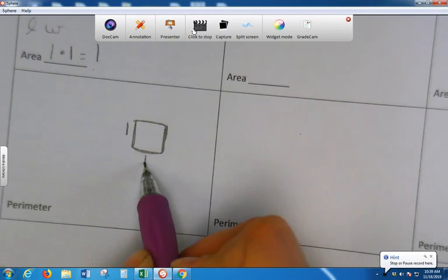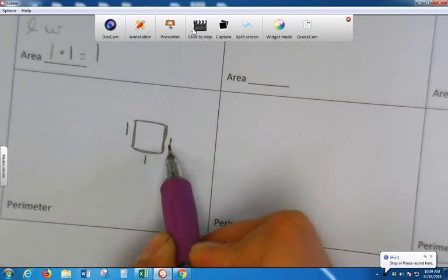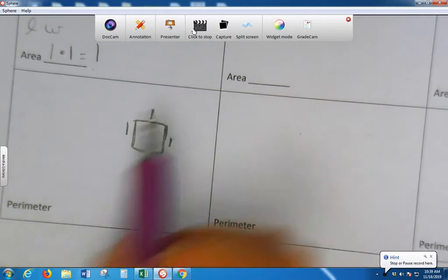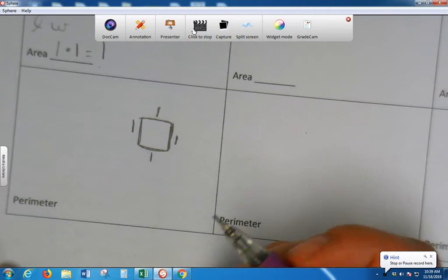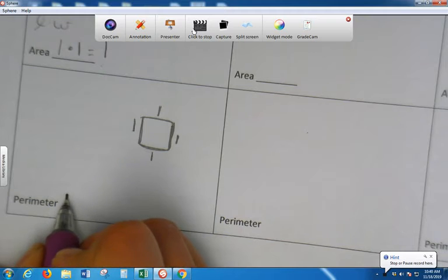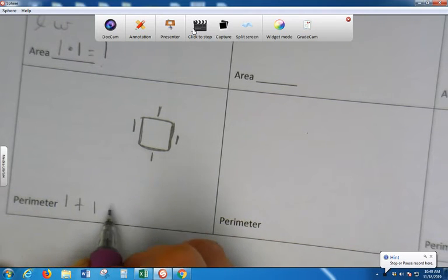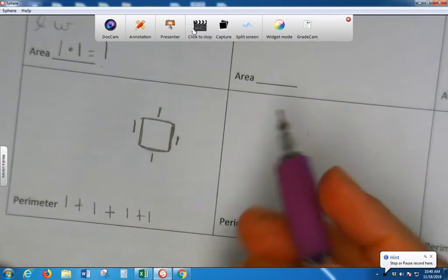What does this measure over here? 1. And what does this measure up here? Okay, go ahead and label it on your paper. So, when it comes to perimeter, I'm going to add 1 plus 1 plus 1 plus 1, because I'm going to add all the sides.